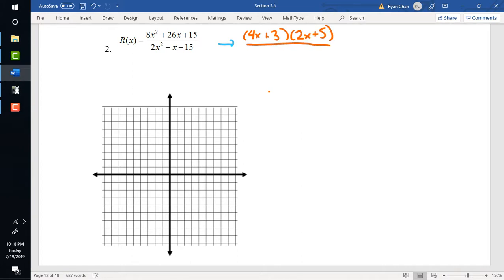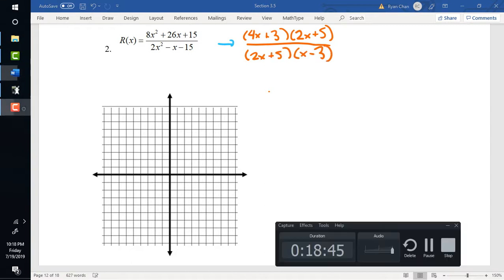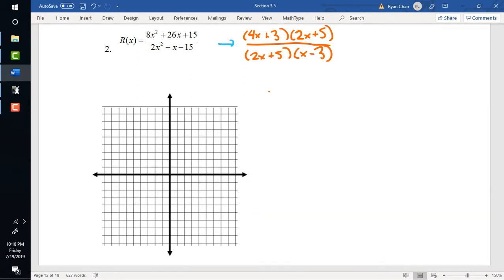The bottom factors into 2x plus 5 and x minus 3. One of the things I realized is that these two factors can cancel out. So my remaining form is (4x plus 3) times x all over x minus 3.